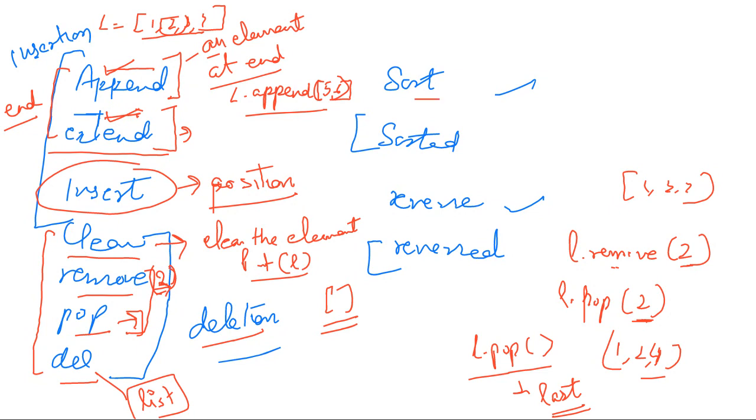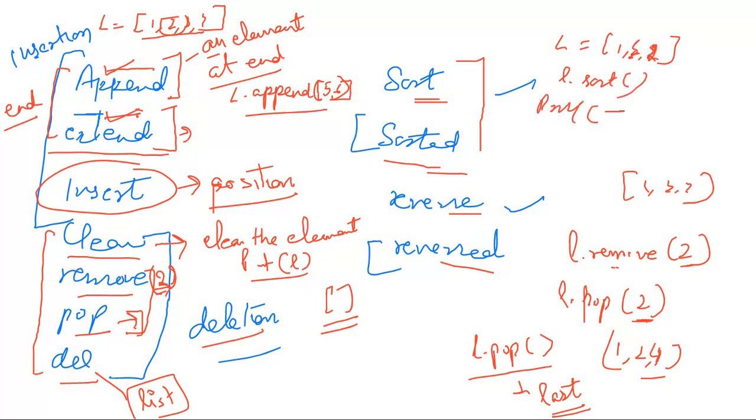Okay, fine. Now the sort and sorted and the reverse and the reversed. What is the basic difference between them? Whenever you use sort, it will change the order in your original list, but that doesn't happen with sorted. Sorted only gives the changes for the list you are modifying. Suppose this is my list, L is equal to 1 3 2, and I do L dot sort, then print.